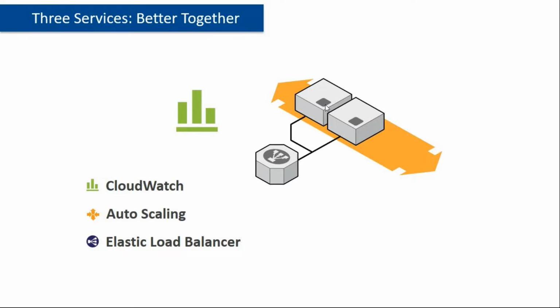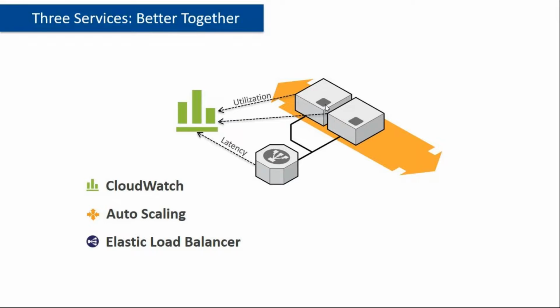So if you use the three services together, it will give you a highly available and fault tolerant network. That is the first primary objective of any IT organization, to provide a highly available and fault tolerant network.